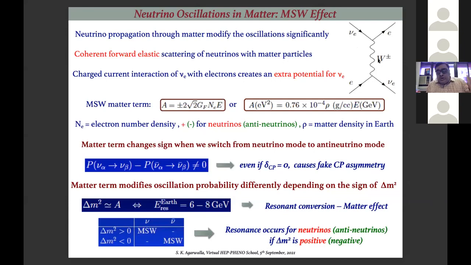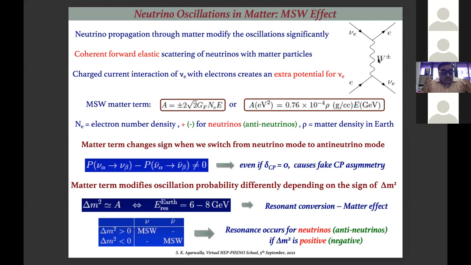But when you come to nu_mu or nu_tau, they will have only neutral current interactions with electron, proton, or neutron. So when you want to take this effect into account in your oscillation probability, since the neutral current contribution is flavor blind, they will not affect your oscillation or transition probability. Only the charge current contribution, which is coming through nu_e e scattering, that is only going to affect your oscillation probability.